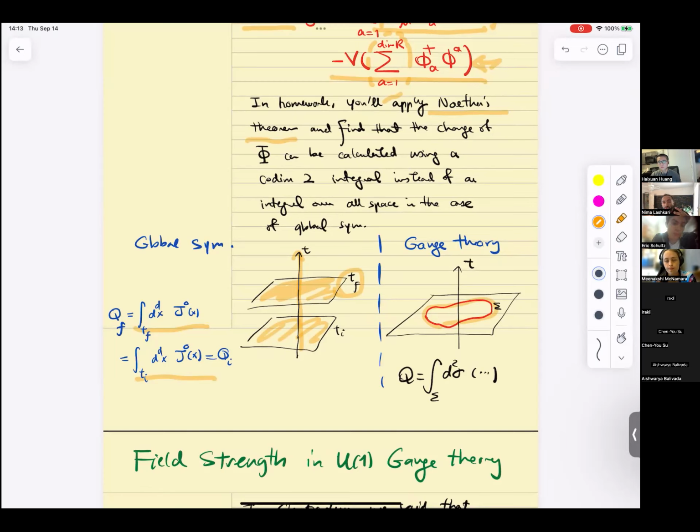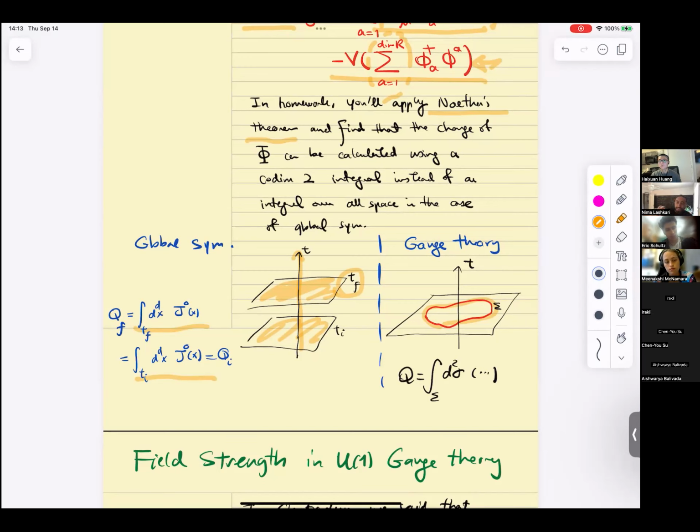Now, recall from Stokes' theorem, this is in peace with Noether's theorem if the charge density that you get is also a total derivative. So this is something that you'll work out in your homework and you'll see.